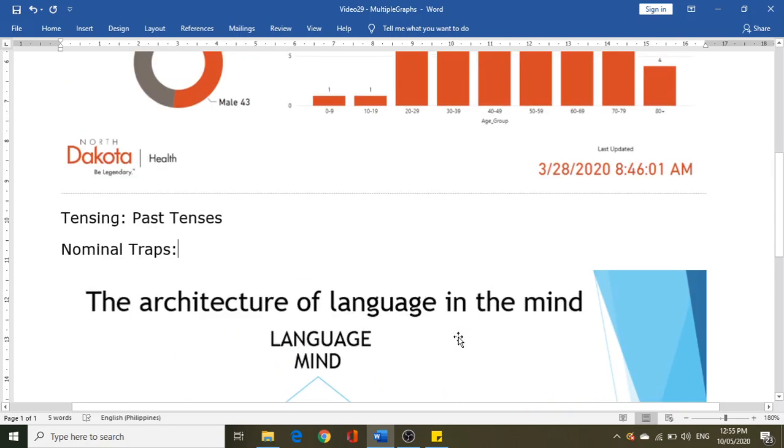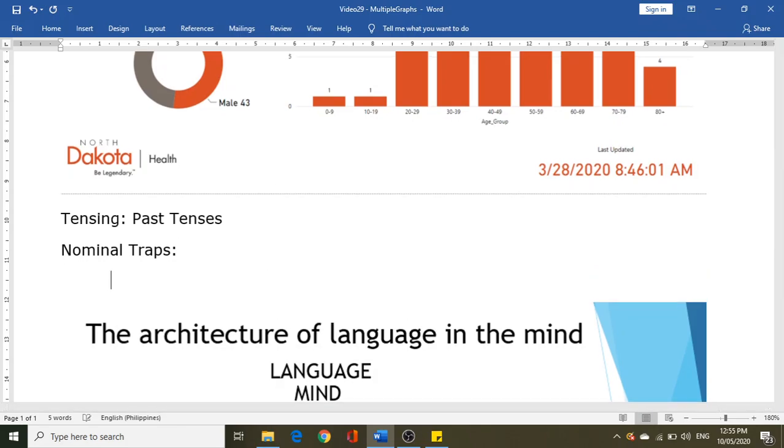So let's type the nominal traps here. For example, 30 to 39. What we can say is people between the ages of 30 to 39 years old.